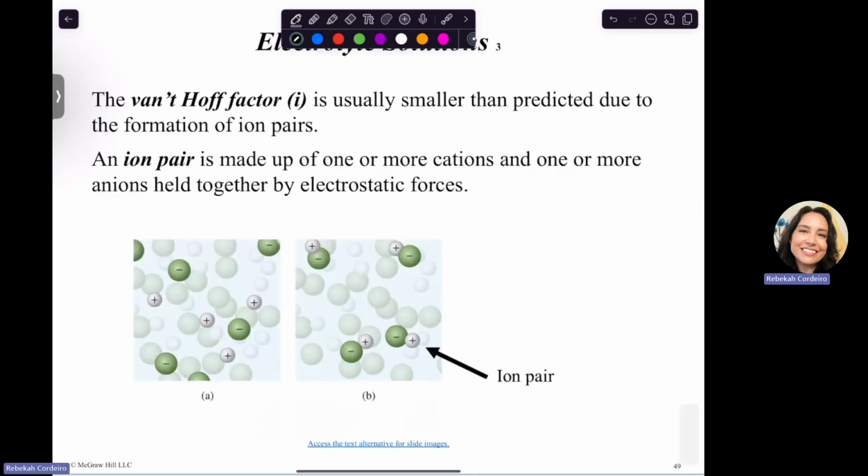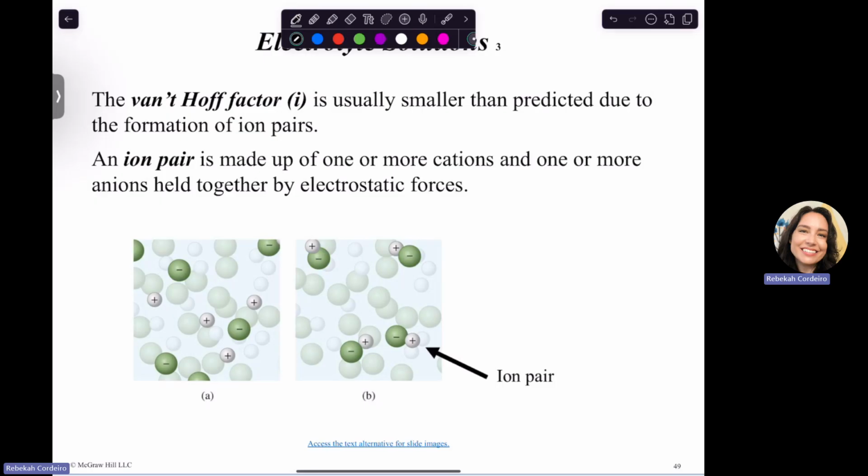However, this Van 't Hoff factor is usually smaller than we think due to the formation of ion pairs. Basically, ions don't want to separate. They're attracted to each other, so sometimes they don't separate. Theoretically, we would think that they would separate 100%, even in strong electrolytes. However, in real life they sometimes stay together.